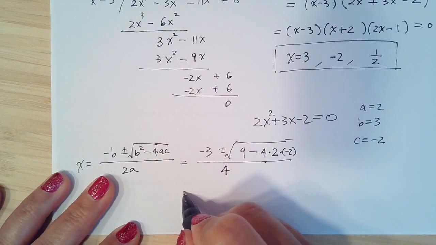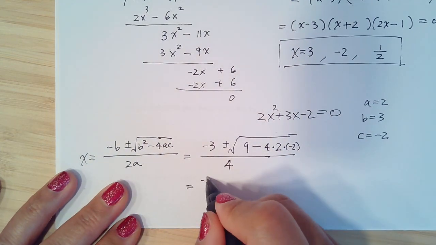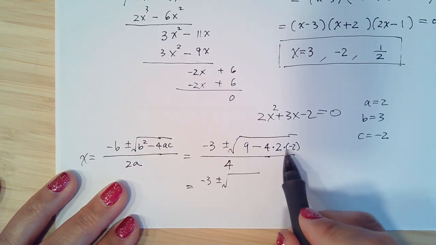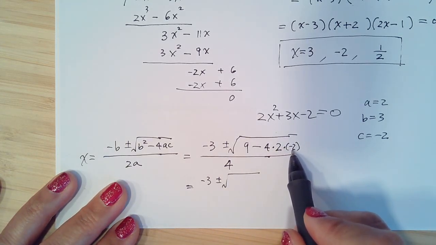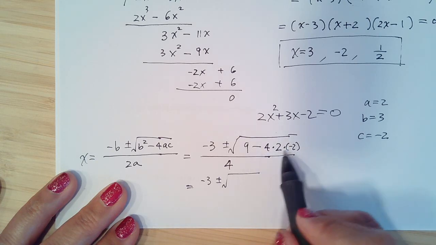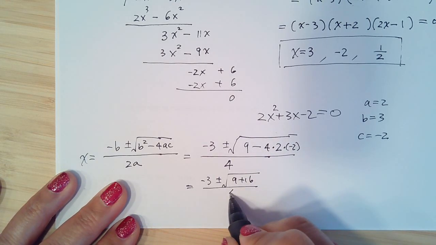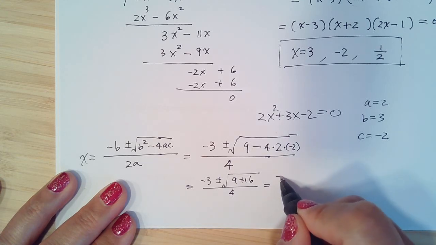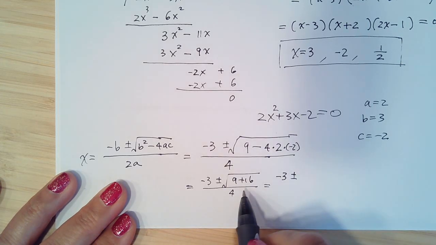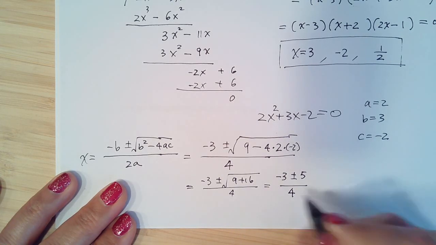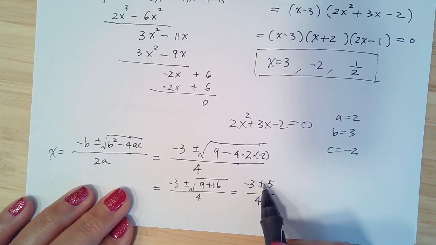So that is -3 plus minus, let's see what's here. 4 times 2 times -2, that's 8, 16, and a positive. So that's 9 plus 16 inside, and 4. So it's -3 plus minus, here is 9 and 16, that's 25. Square root of that is 5, over 4, right? So let's do plus first and second, we do minus.